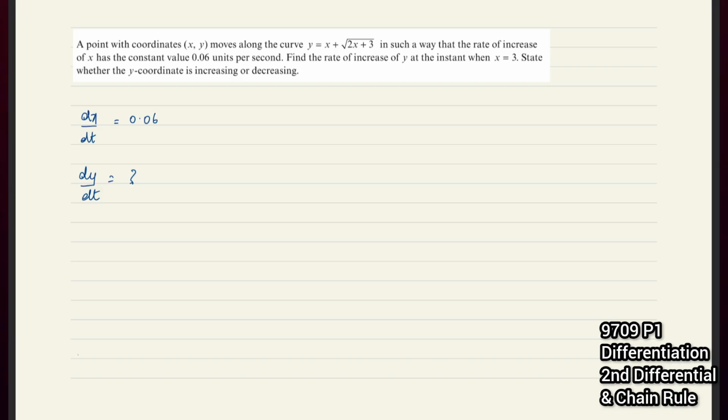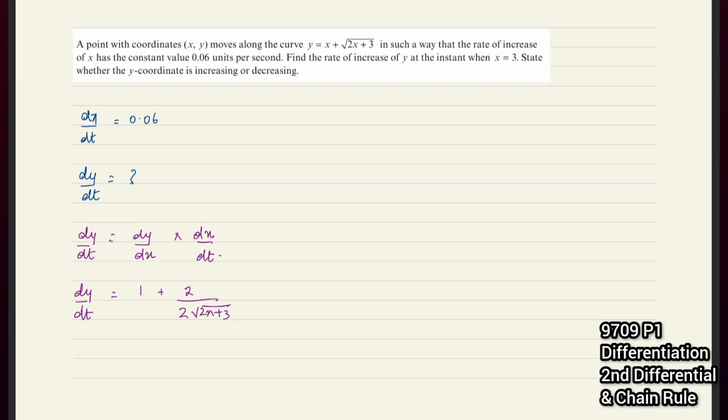So, let's start. dx by dt is given and we have to find dy by dt. So, chain rule: dy by dt is equal to dy by dx into dx by dt. dy by dt has to be calculated. dy by dx will be calculated from here. So, 1 plus 2 over 2 root 2x plus 3 under root.